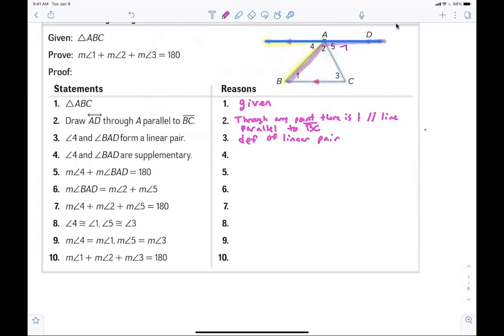And then we said angle 4 and BAD are supplementary, and that's the linear pair postulate.